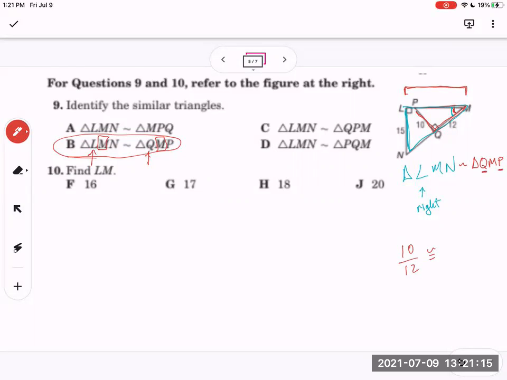PQ is that one. So it's going to be NL. NL. So that's 15. 15 is to, let's make sure that that's the right thing. PM. Is PM the same? PM is this? Is it NL? Oh no, that's.